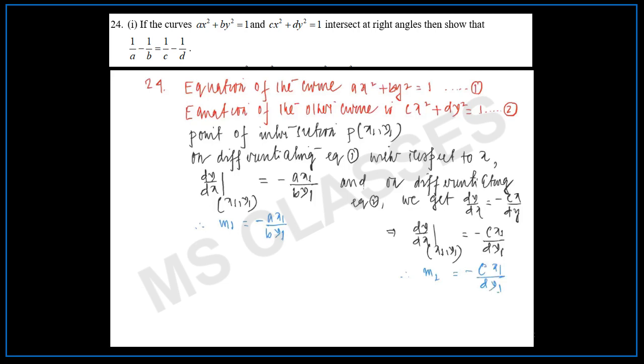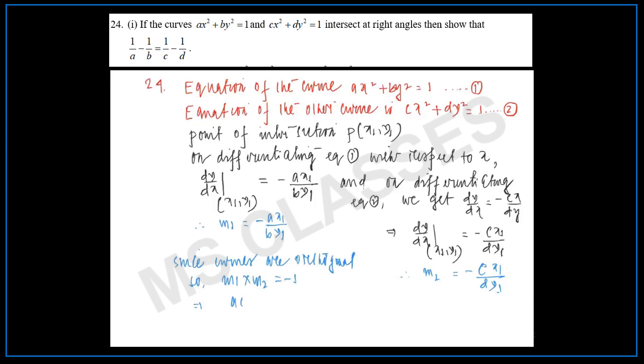So we have got m1 and m2. Now they intersect at right angle. Since the curves are orthogonal, m1 m2 equal to minus 1.